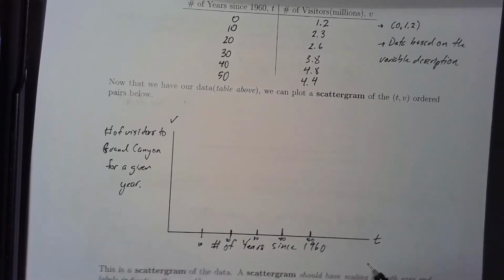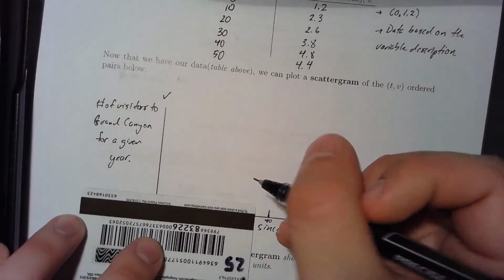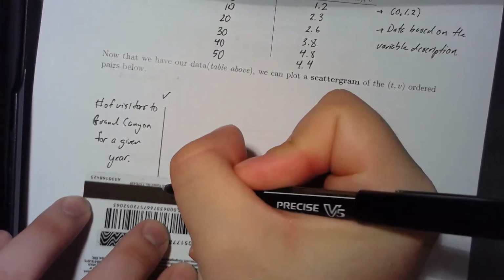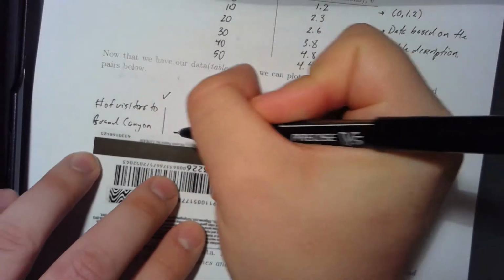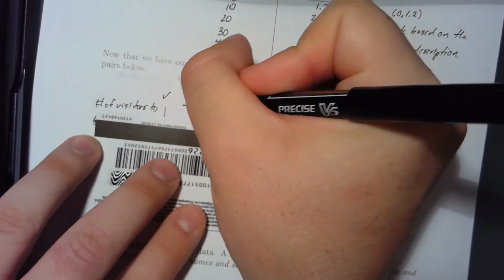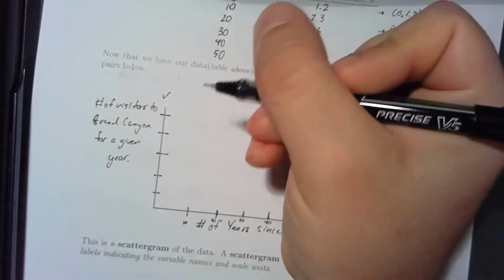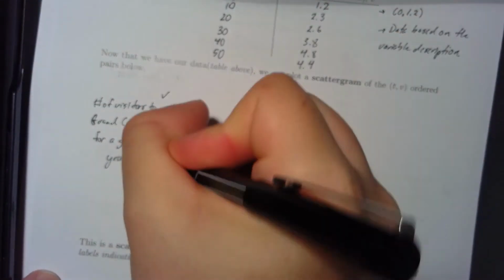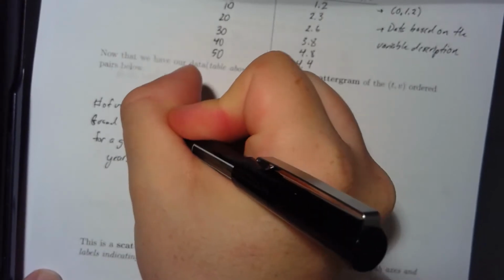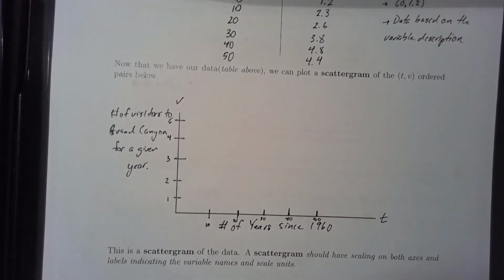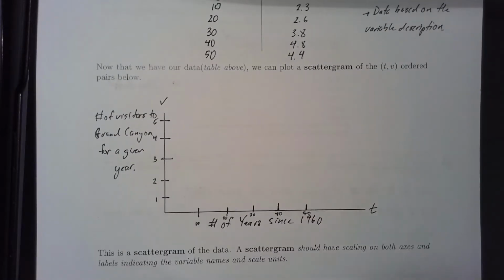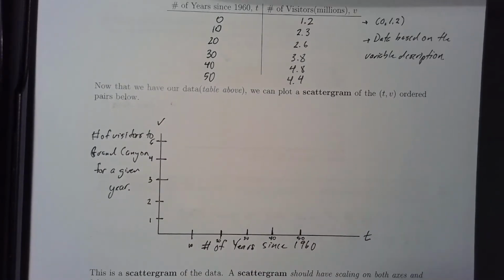So we'll go in increments of 1: 0 to 1, 2, 3, 4, 5. Okay. Now that we have our axes filled out, we can plot the ordered pairs.